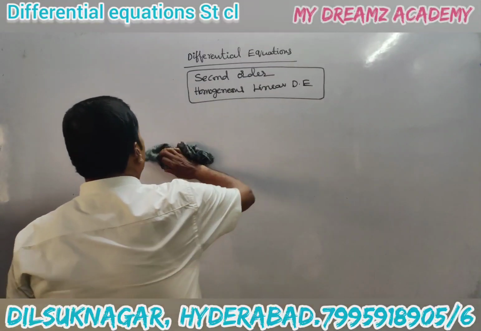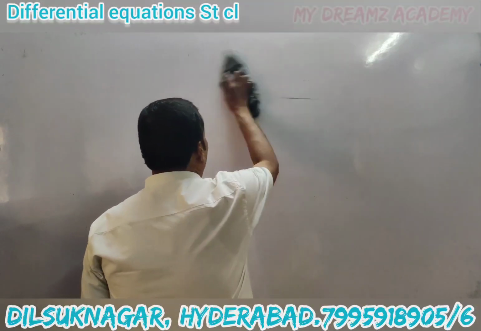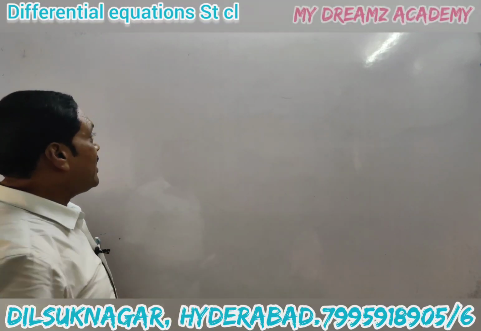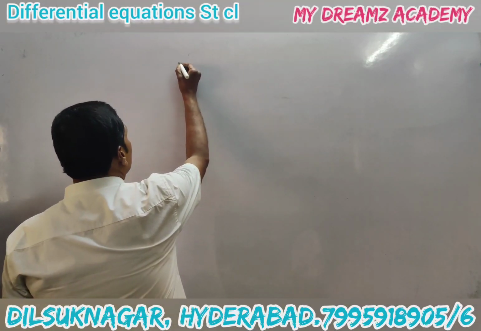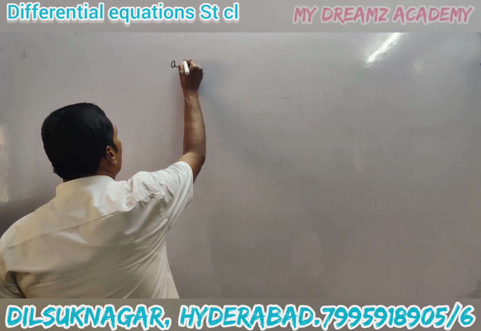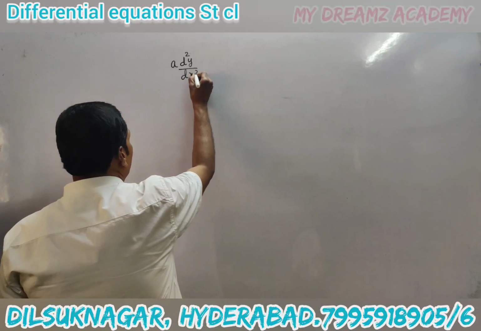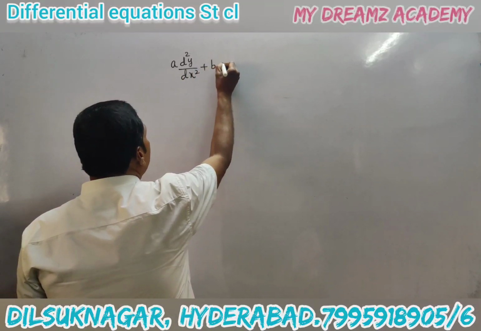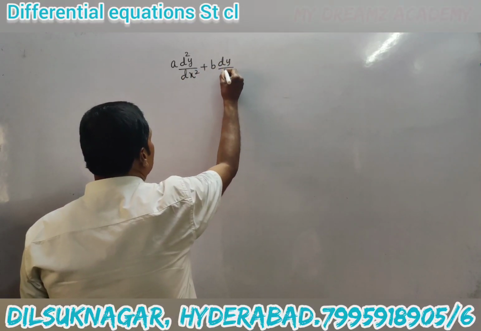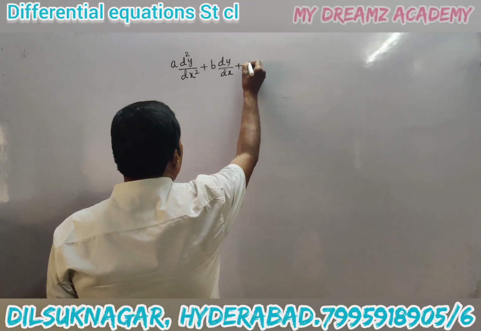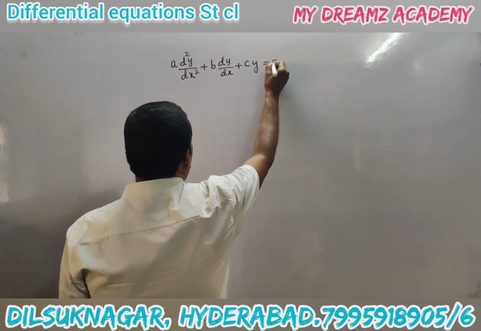Now the differential equation of the form a into d square y by dx square plus b into dy by dx plus cy is equal to 0.